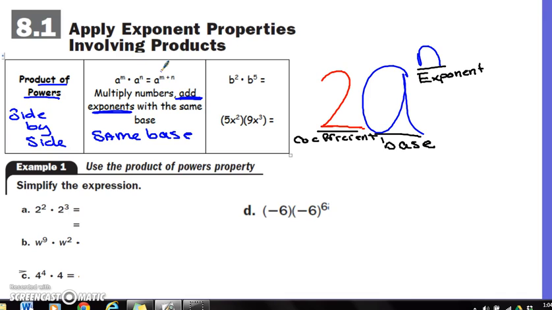All right, let's look inside the box. B to the second, B to the fifth. Do they have the same bases? Yeah. They're both B's. They have to have the same base for you to do this. So what would you do with the exponents? You would add the exponents, so you get B to the second plus 5, which will give you B to the 7th.